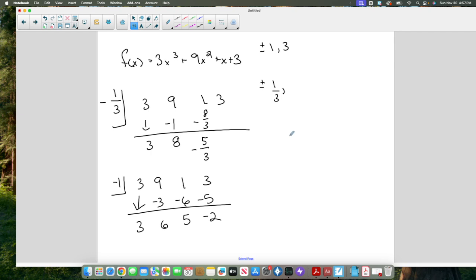All right, so we'd have to go over again. My guess is this is non-factorable. Oh, let's see here. Can we factor another way? There is another way to factor this.